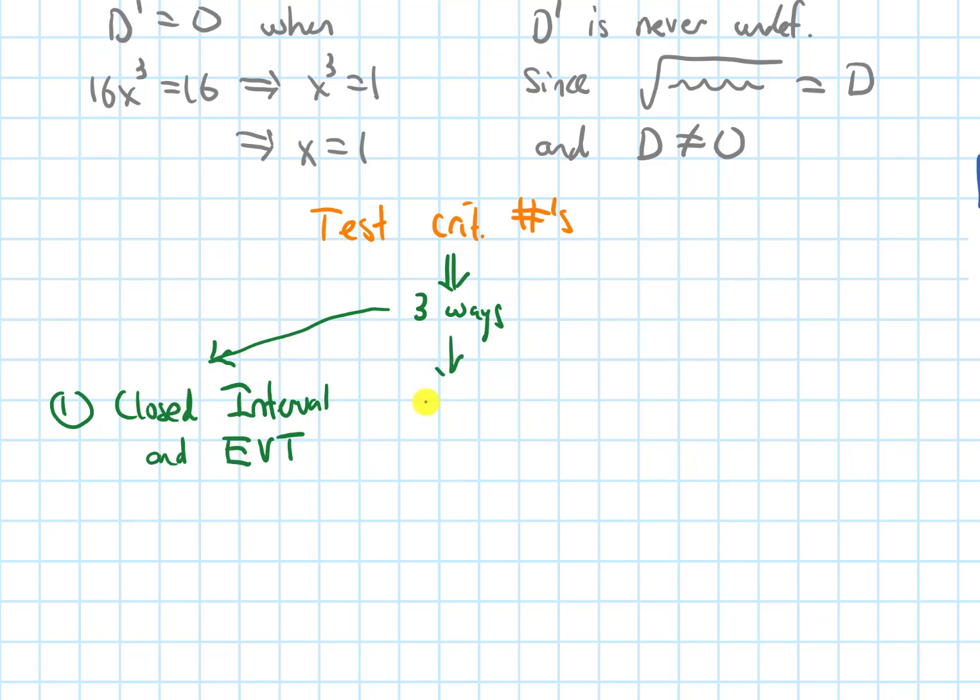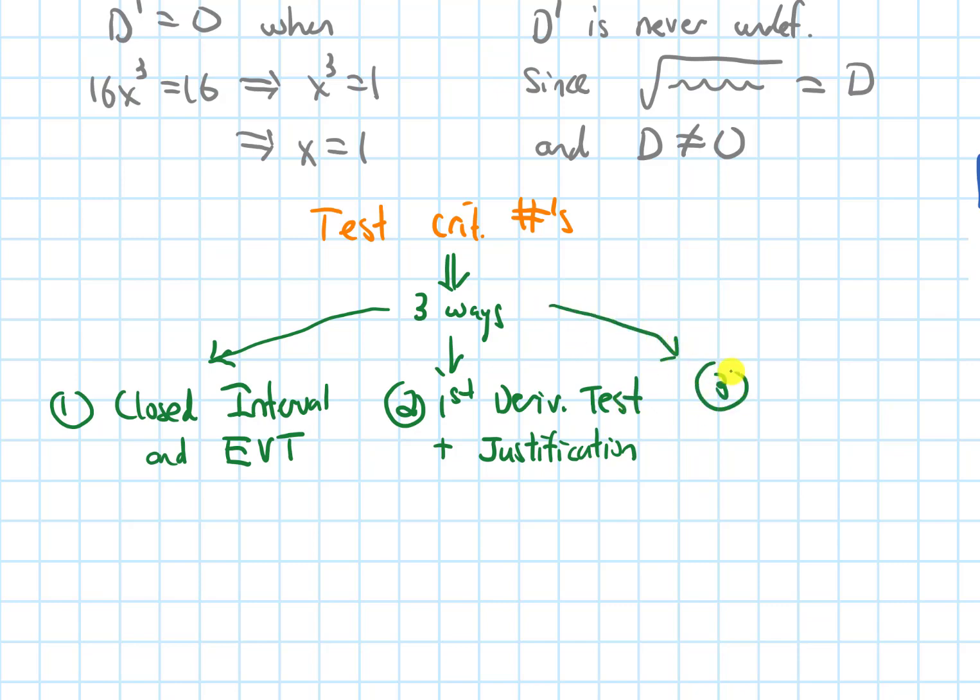Okay, the second way was to use the first derivative test plus some justification. And the third way is to use the second derivative test. The second derivative test plus some justification.